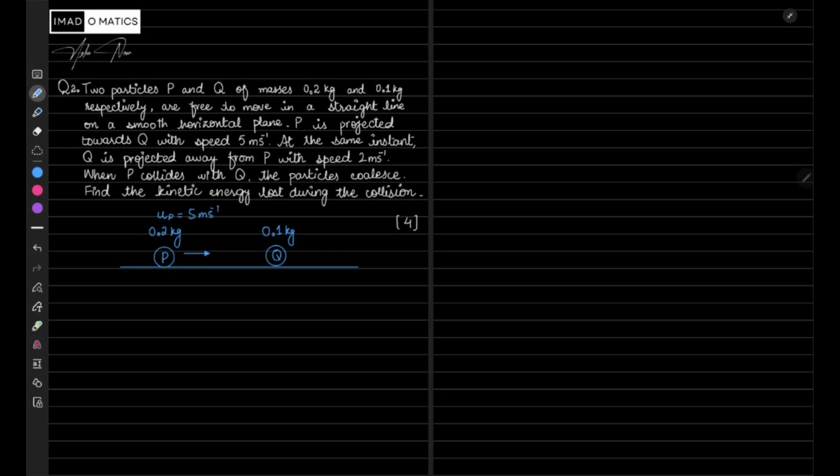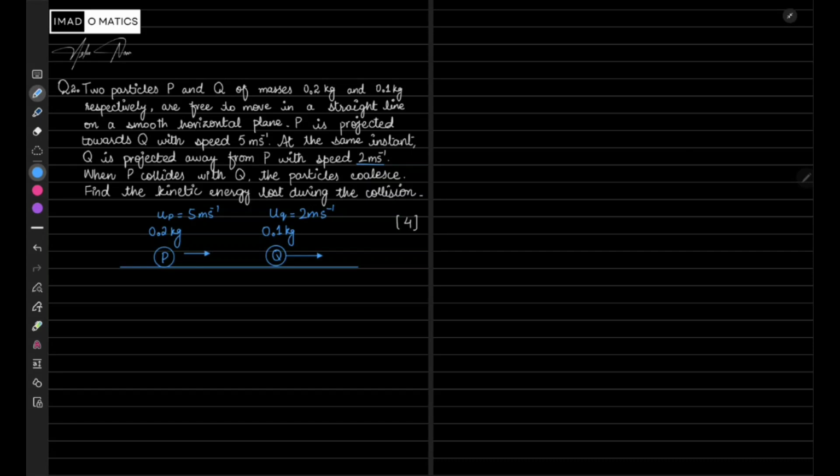At the same instant, Q is projected away from P. Now this is also projected, but away from P. So that means the direction of both will be the same. And now what is the speed of it? With speed 2 meters per second. So initial speed U of Q is 2 meters per second.